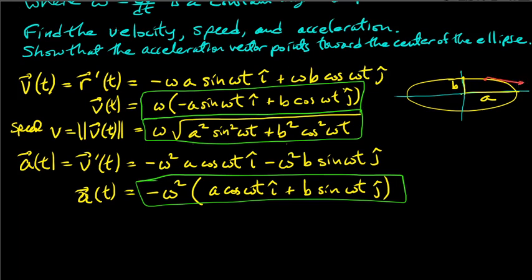But we want to show that the acceleration vector points toward the center. So this will be the acceleration vector, and let's say the red vector is the velocity vector. So the velocity could be pointing anywhere, but the acceleration, they claim, points toward the center of the ellipse.